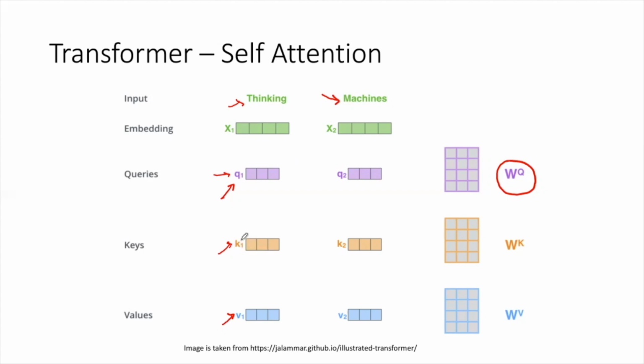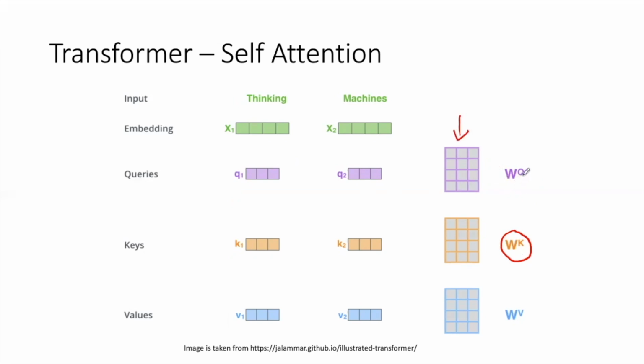Similarly, the other vectors, the key vector and value vector, are generated by multiplying the same input x1 with different weight matrices. Here we have a key weight matrix, and that generates a key vector.